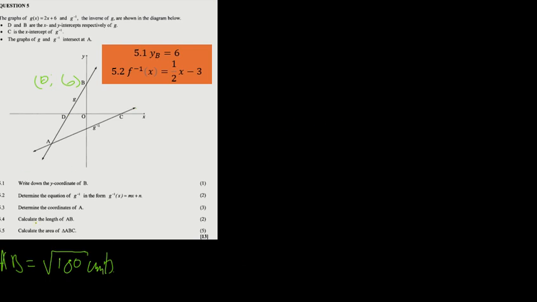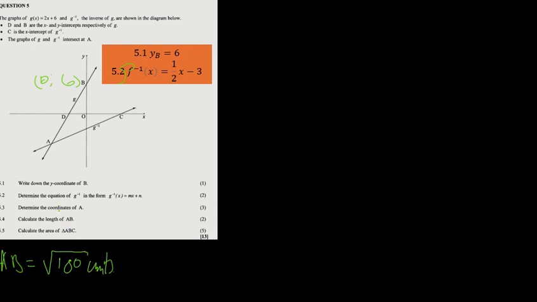So let's go to 5.5. It's a higher order question, so it might take as long as I haven't revised yet. Forgive me about this F here, I meant G. This is G inverse.